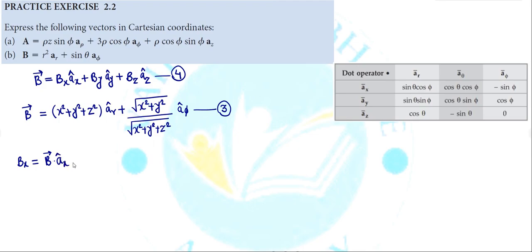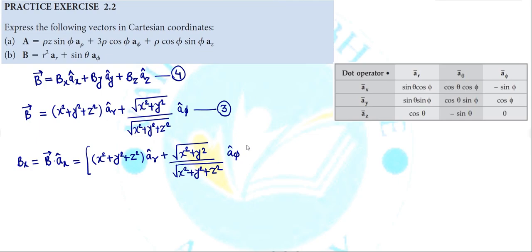x direction. Okay, so what is that vector b that we have? So we have that vector b from equation 3 as x square plus y square plus z square ar cap plus square root of x square plus y square divided by square root of x square plus y square plus z square having component along the phi direction, and then it has to be multiplied with what?